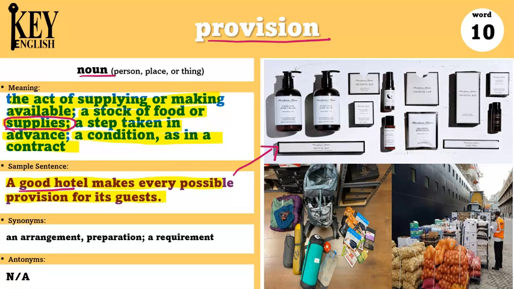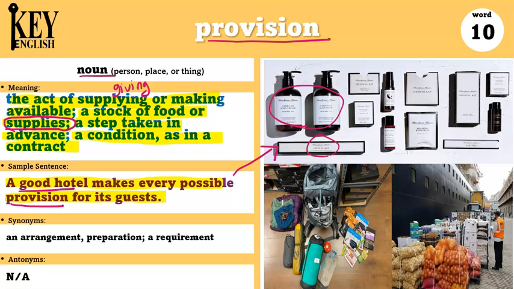So for example, there might be a toothbrush and toothpaste and some soap and body wash and other items that people need when traveling. So a good hotel will provision or they will give you these things. It's kind of like saying they are giving you the things that you need. So it could be food or it could be items to keep you clean.